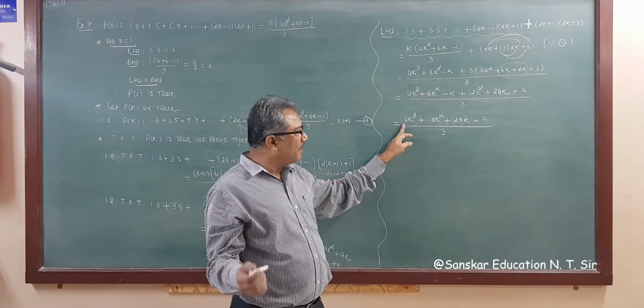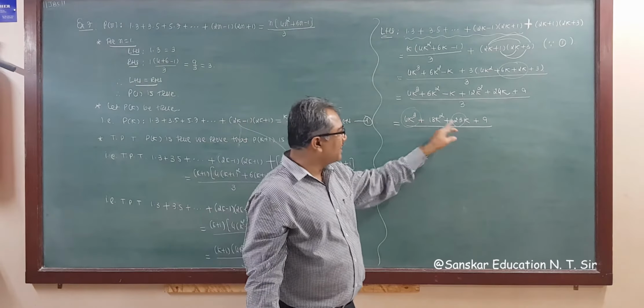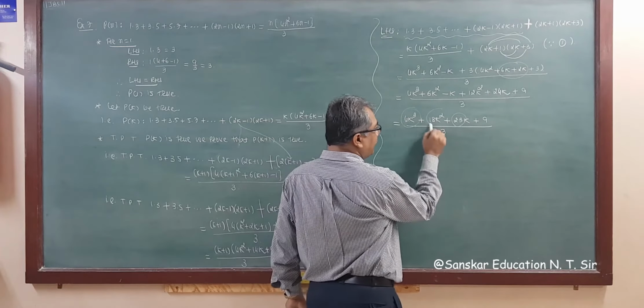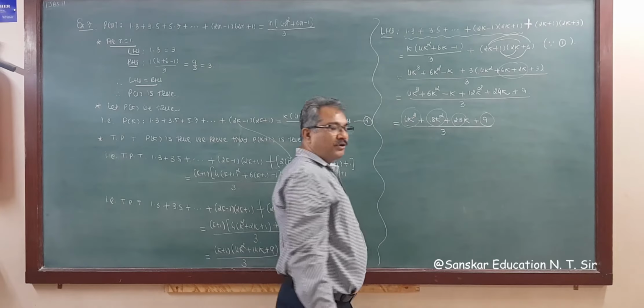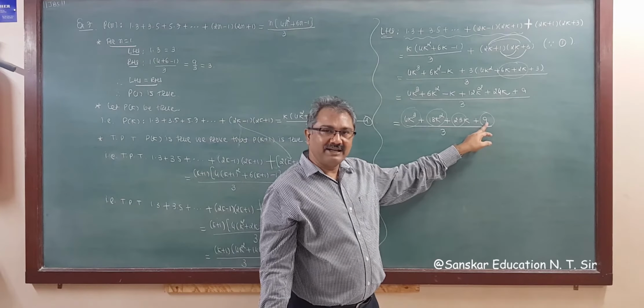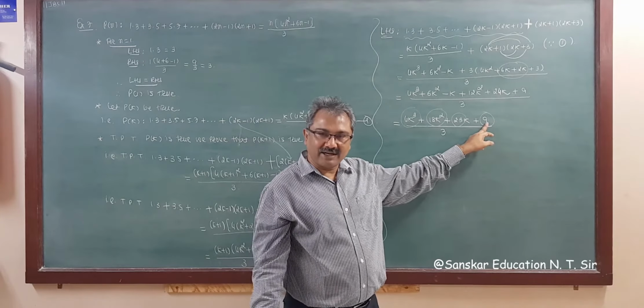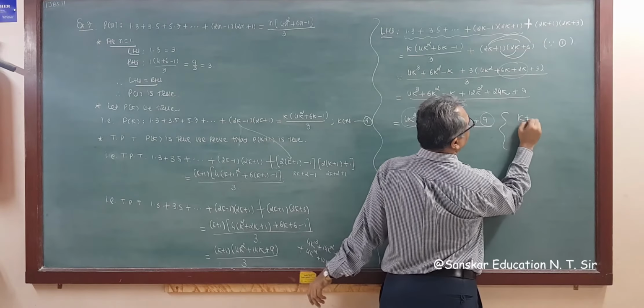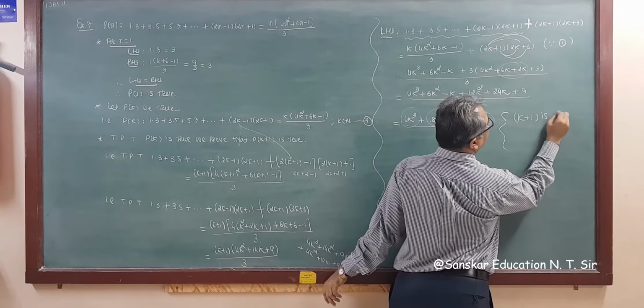So the sum of the coefficients of the odd power terms is 27, and the sum of the coefficients of the even power terms is 18 plus 9, 27, so k plus 1 is one of the factors, right? So k plus 1 is a factor.